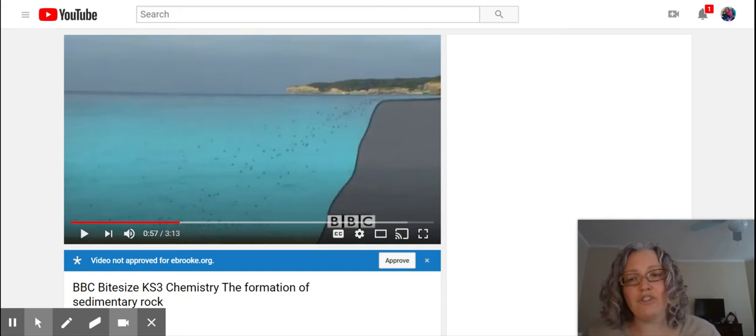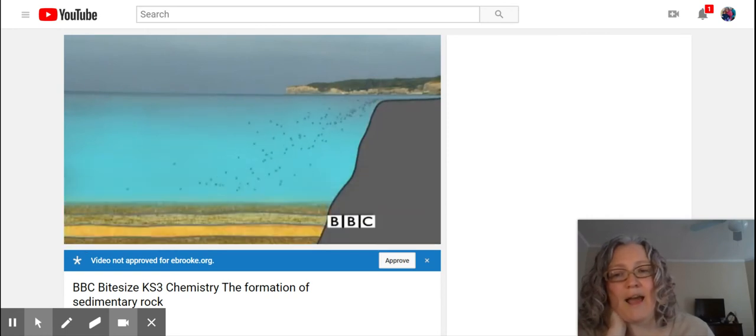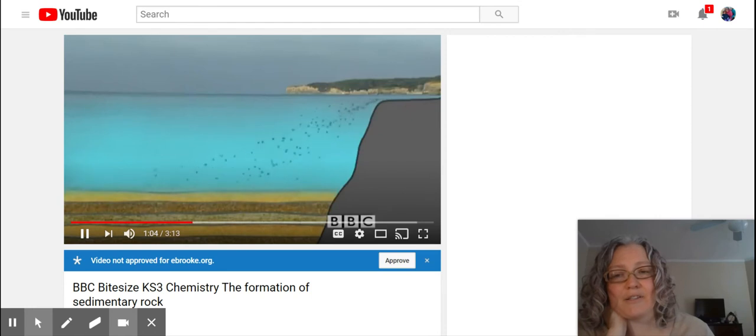And then eventually they get deposited into something like the ocean or a large lake. So what you're going to see in this picture now is sediments coming from a river and being deposited on the bottom of this lake. And there the sediment is coming from that river, and it's building up in layers over time.